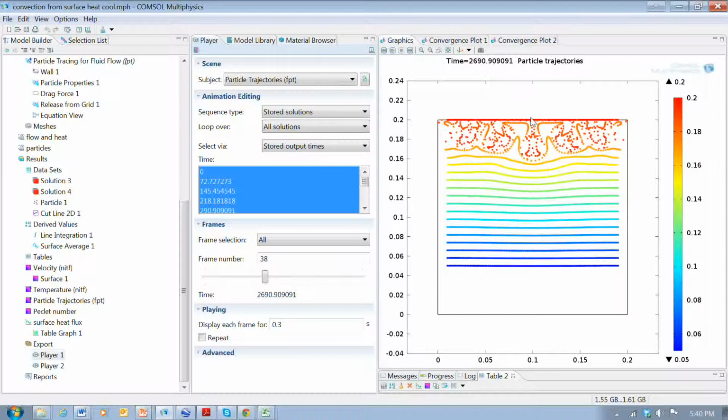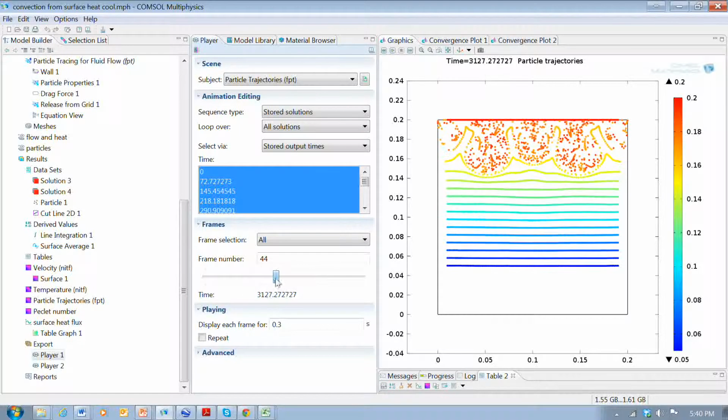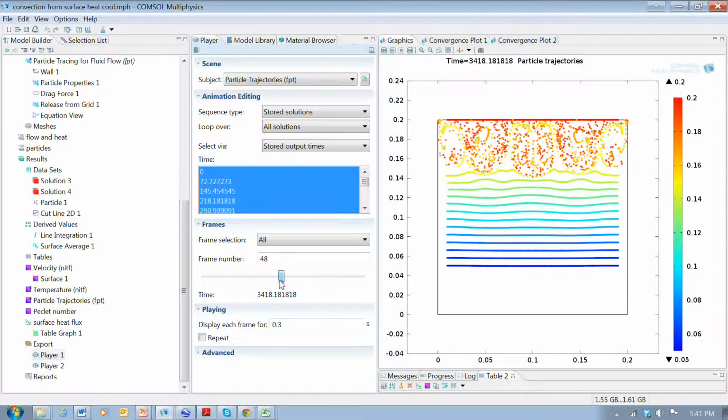You can see that there's downflow, upflow. So there's a Bernard cell, another one right here, another one right there, and that continues. And this goes on all while cooling is taking place, and then we start to heat.